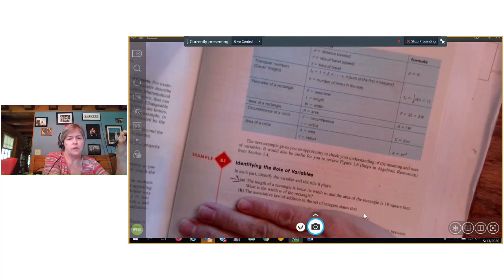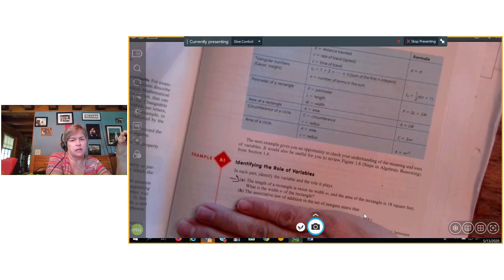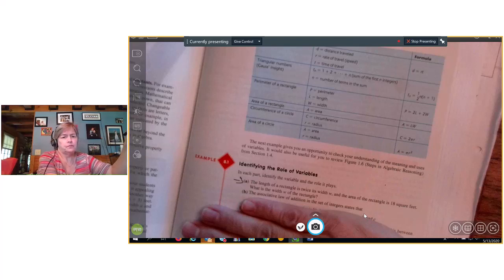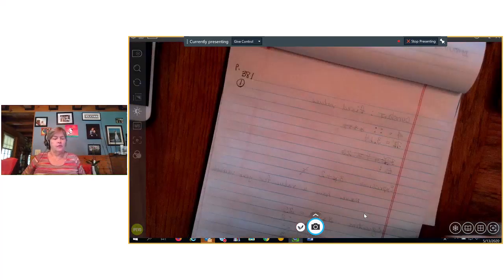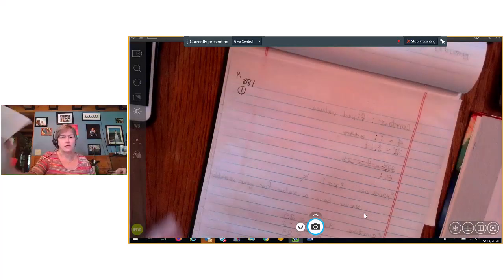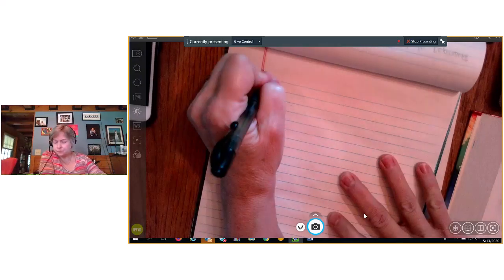Now, if you look right above there, you'll see that the area of a rectangle is length times width. So the first thing I would do is start on page 381.